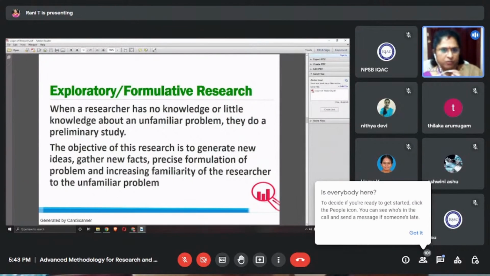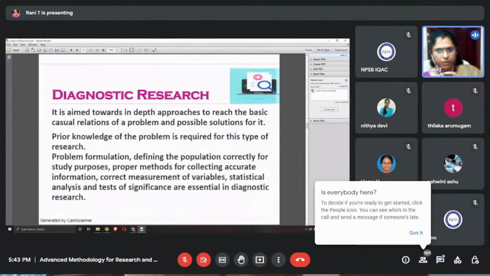After that, they relate it with the facts and come to a conclusion. So here we completely explore, do a detailed analysis, and come up with a solution to an unfamiliar problem. That is exploratory or formulative research.